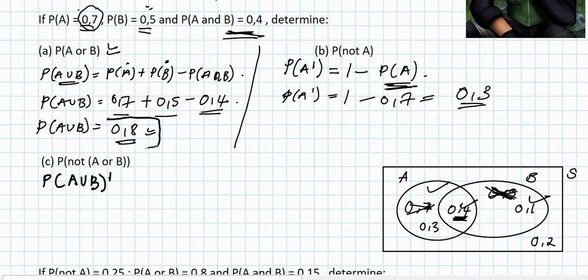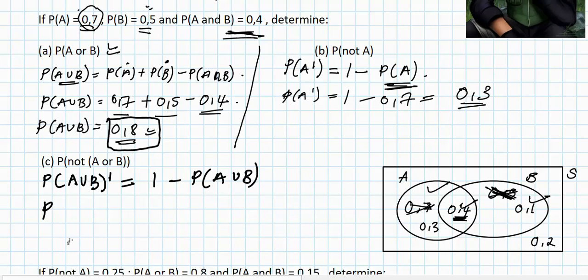The probability of A or B. The formula says, if ever I'm looking for the probability of the complement, I can say 1 minus the probability of what is not the complement. Like that.